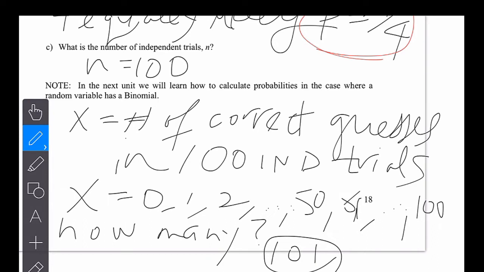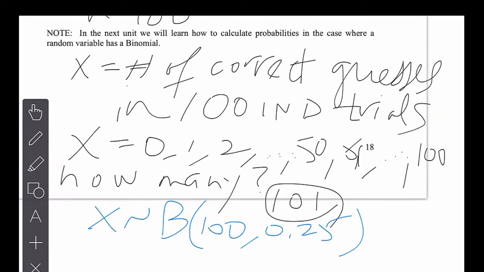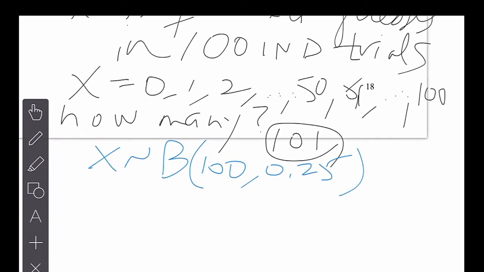Okay, so this is a binomial with parameters n and p. So we write X is binomial. Remember alphabetical order, so you write n as 100, and p is 1/4. Okay.